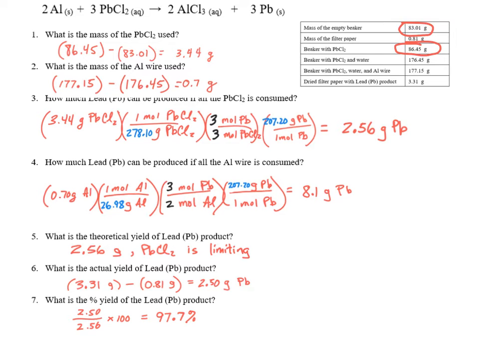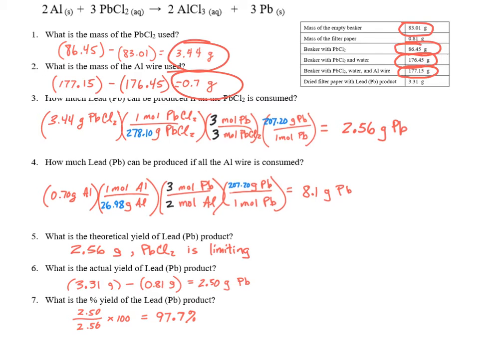The mass of the aluminum wire: we have the beaker with the water and the PbCl2 and aluminum wire in there. Subtract the mass of the beaker with the PbCl2 and water, and we'll get the mass of the wire that was added. So those are the two reactants that are used in the reaction.